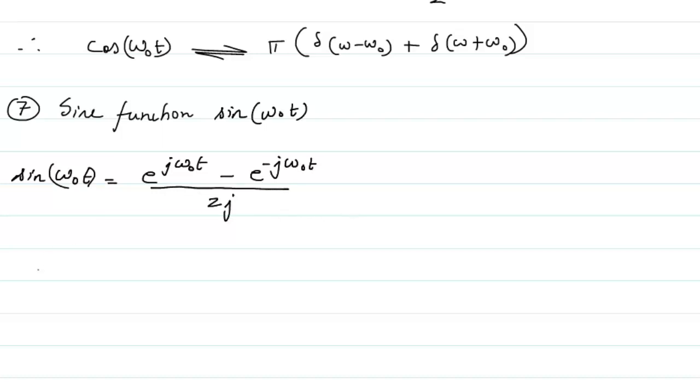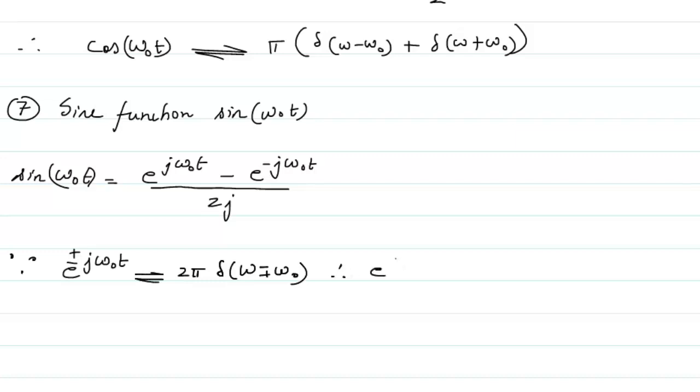Because e raised to power plus minus j omega naught t is going to be 2 pi delta omega minus plus omega naught.